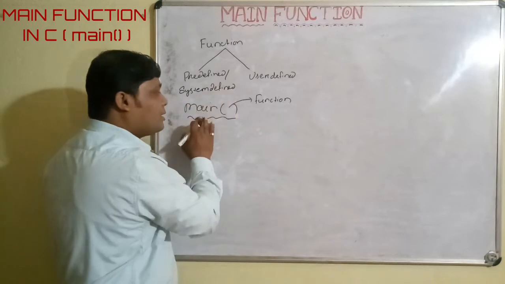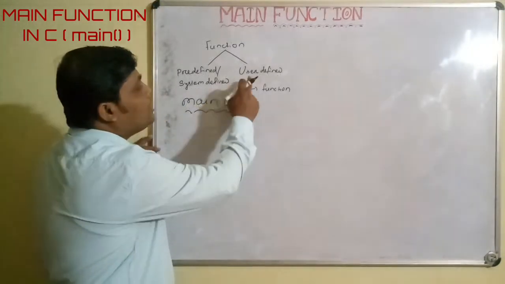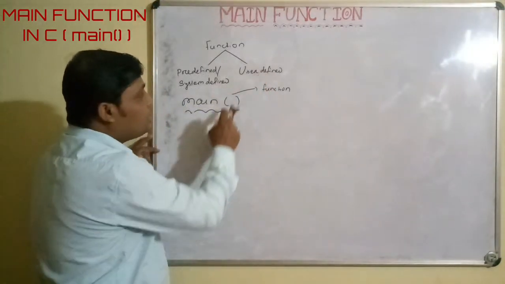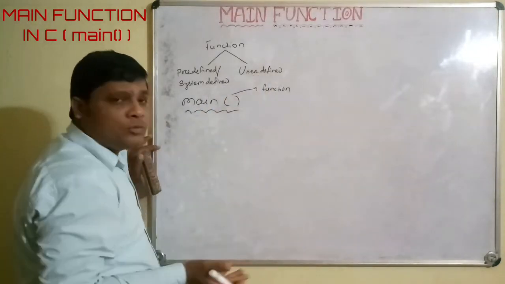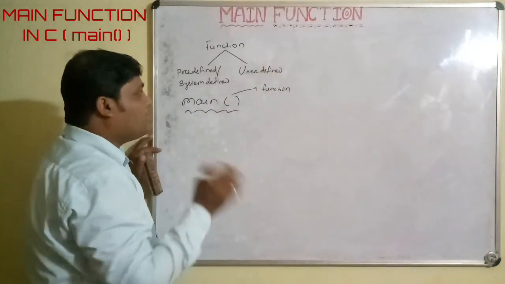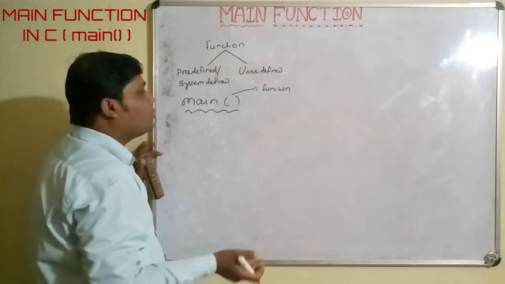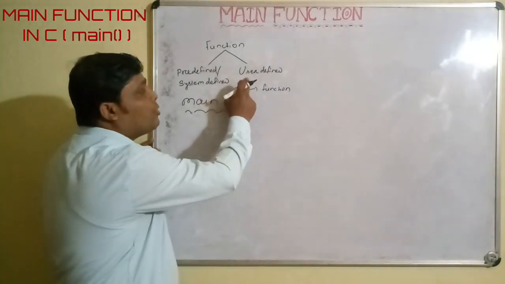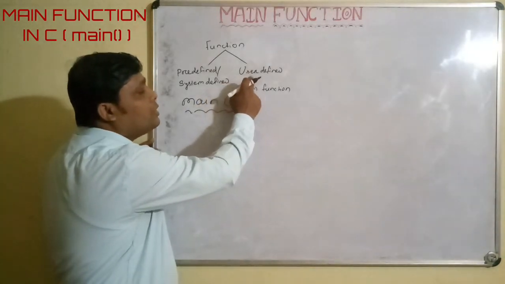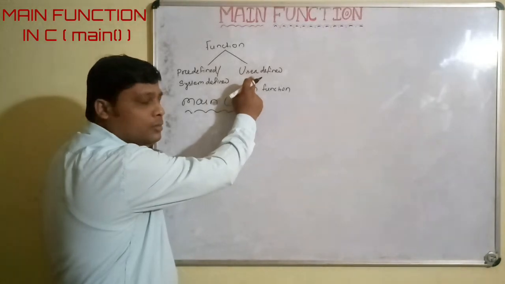Clear? And main is a user defined function. Why is it user defined? Because I have already told, if the functionality of a function is defined by the user, then it is called user defined function.